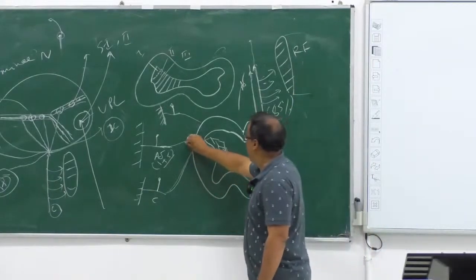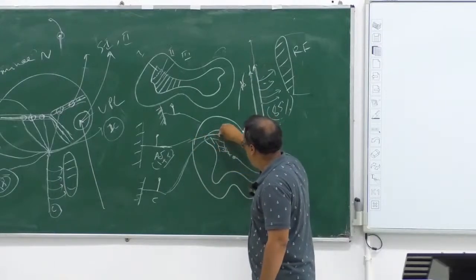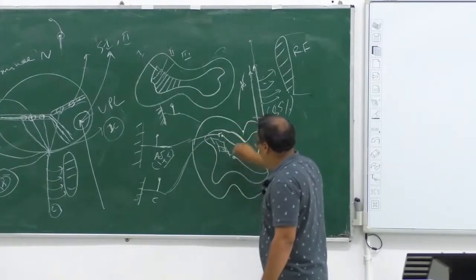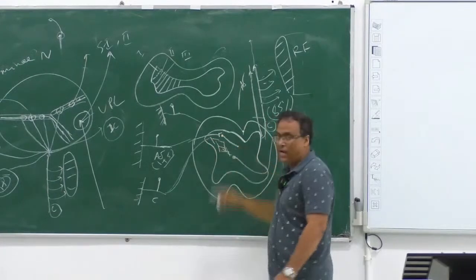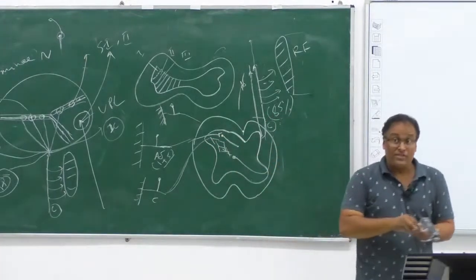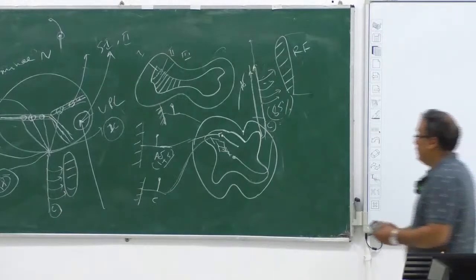But in case of A delta, it is just pinpointed here and then it goes. Now this area and this area is different. What is this? So what is happening here?